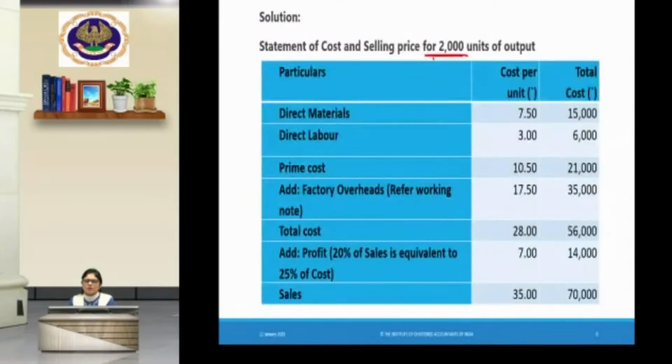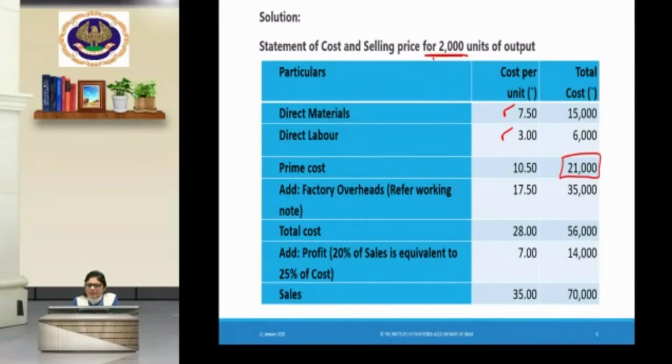So this is how you have to do it. Now you have to apply 7.5 on 2,000 units. So 7.5 into 2,000, 3 into 2,000. So you get the prime cost here. We have calculated the per unit cost, and now we are applying it because we have to make a statement of 2,000 units. Add factory overheads.